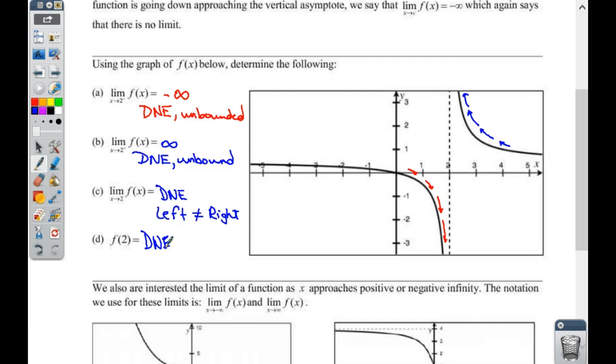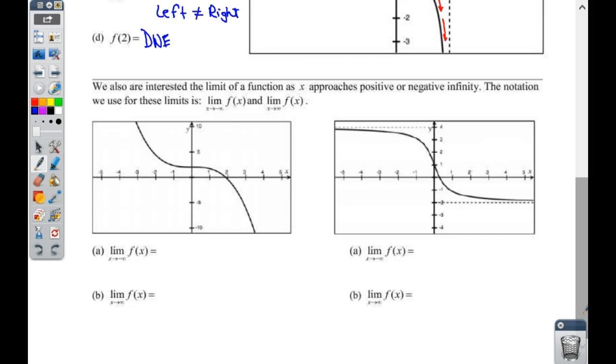All right, good. One more thing, real fast, as we go to positive infinity and negative infinity. Those are going to be important concepts we have to deal with. As we approach negative infinity, this graph is unbounded.